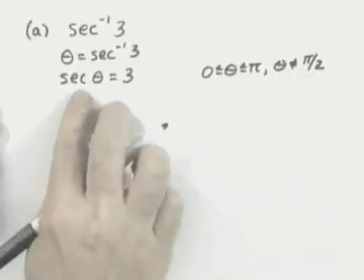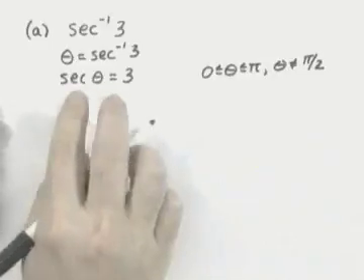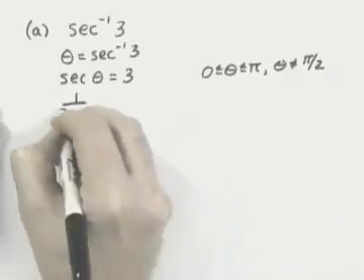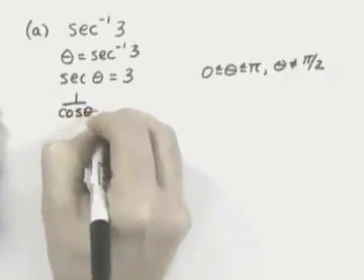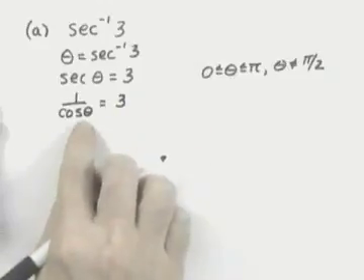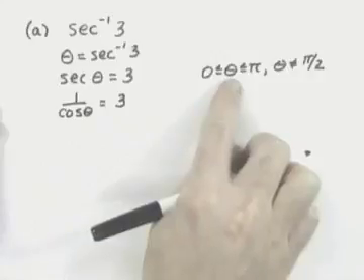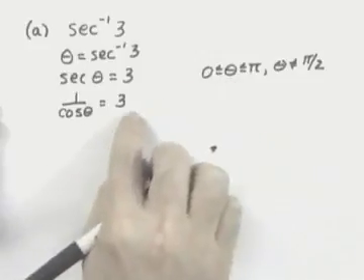So what we're going to do is convert the secant of theta equals 3 into a cosine. The reason we're going to convert this into a cosine is because the domain restriction on the cosine is the same as the domain restriction on the secant. That's going to be important. That has to be the case in order to use the calculator.